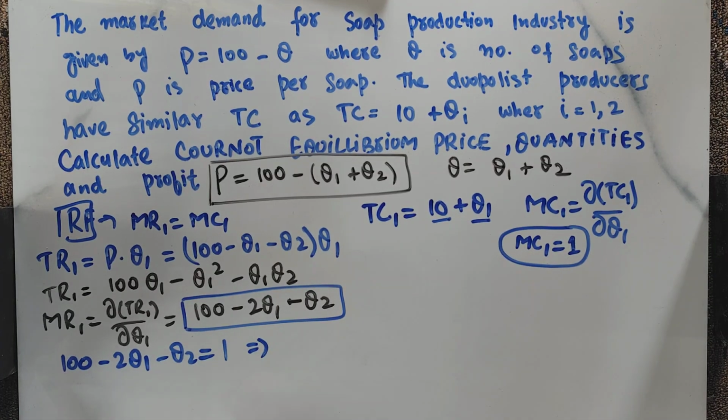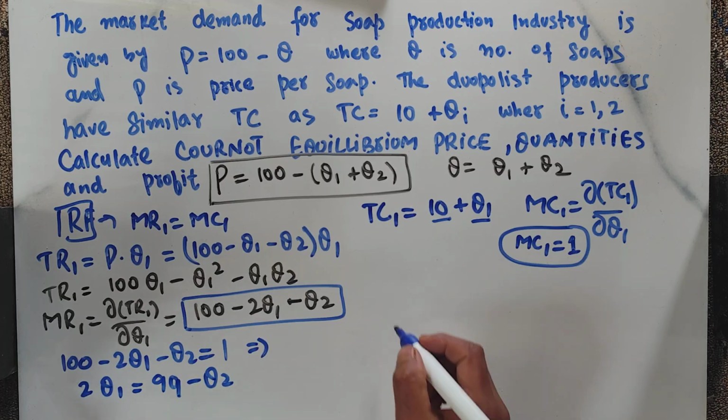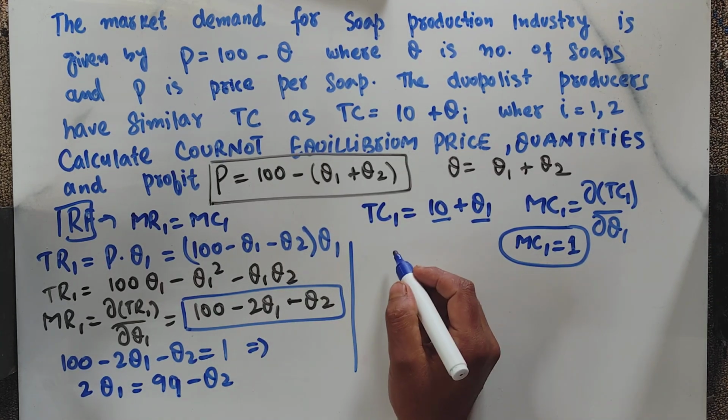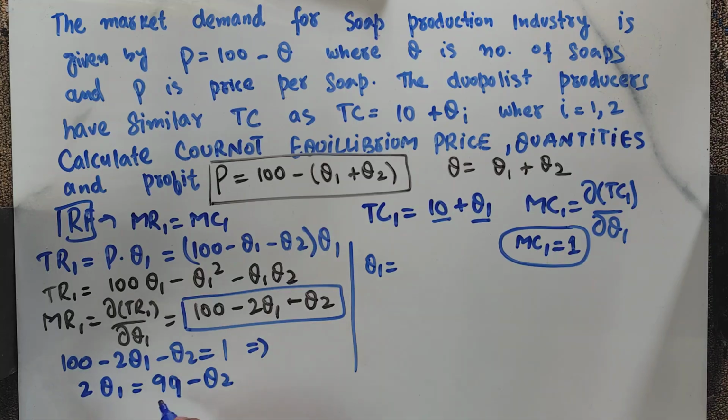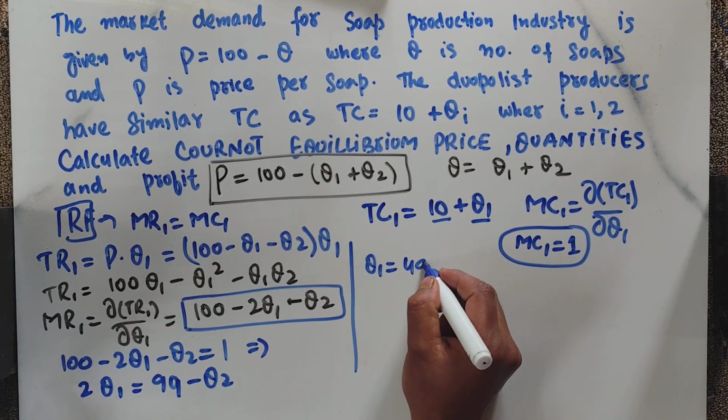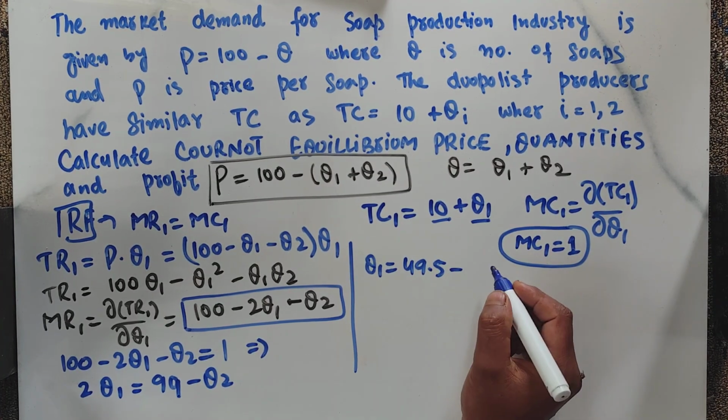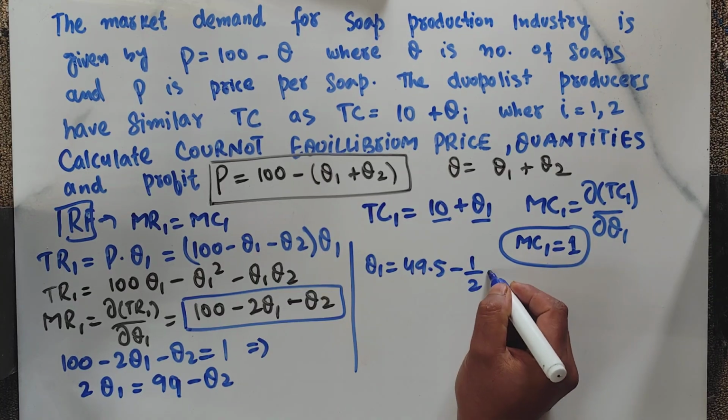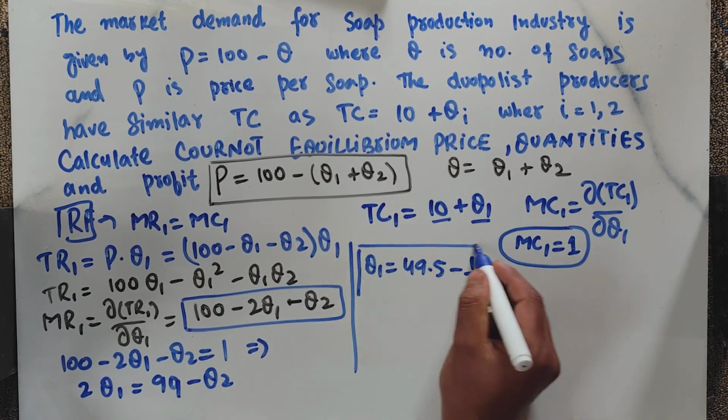Let us solve for Q1. Transposing, we get 2 Q1 is equal to 100 minus 1, which is 99, minus Q2. Dividing both sides by 2, Q1 is equal to 49.5 minus 1/2 Q2. This is the reaction function of firm 1.